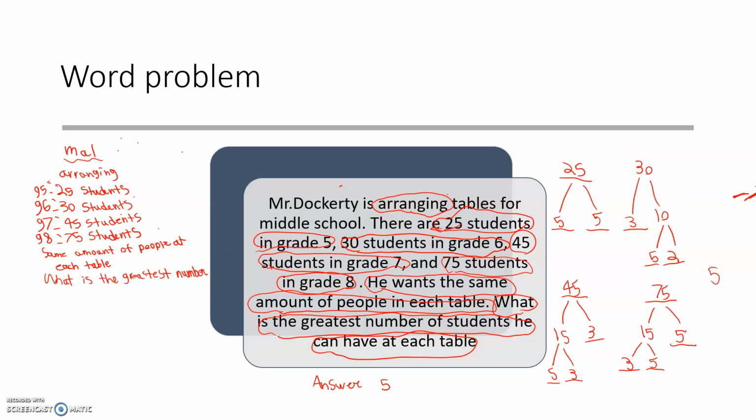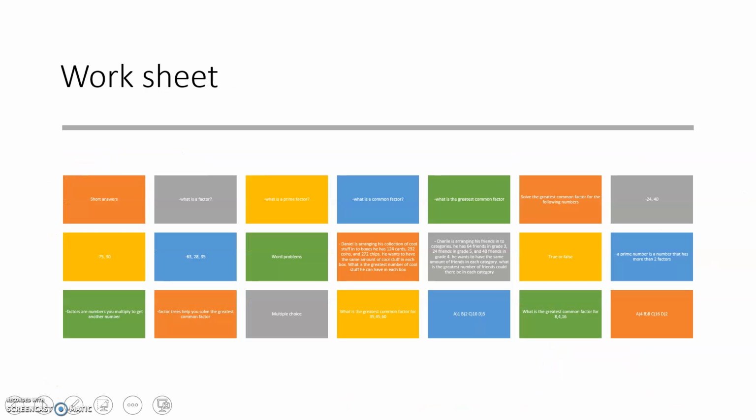The most students he could have at each table is 5. So that is our answer.